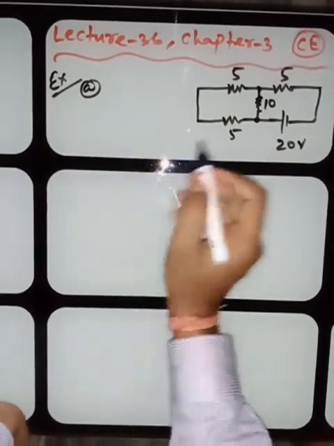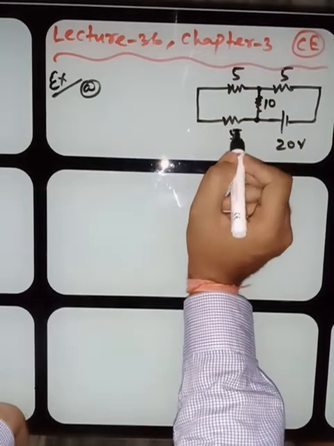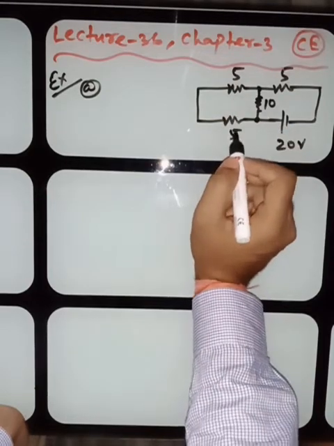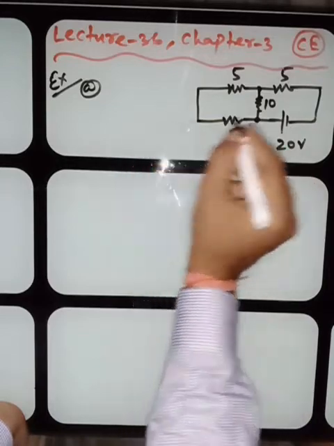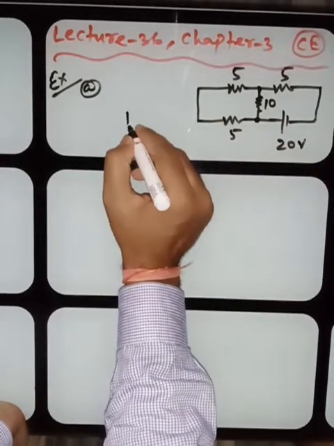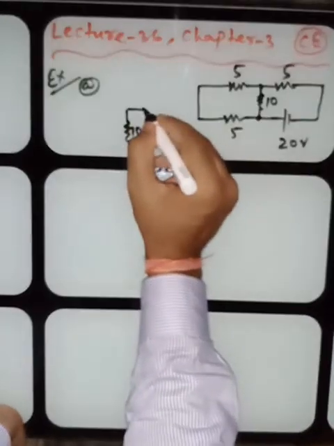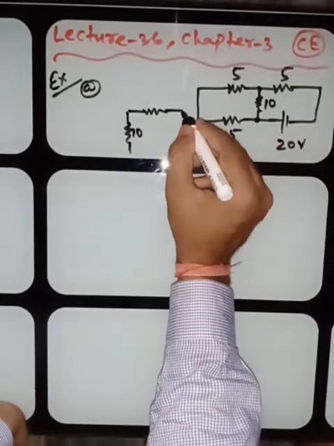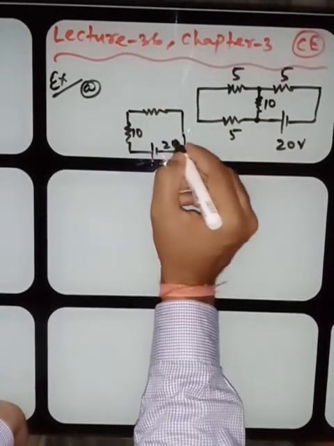These two are connected in series, so the equivalent resistance will be 5 plus 5, which is 10 ohm, and the circuit looks like this. Here the 10 ohm and the 5 ohm connect to the 20 volt battery.